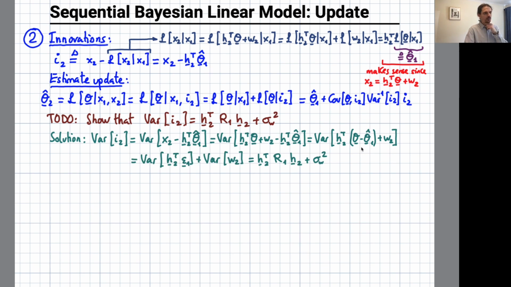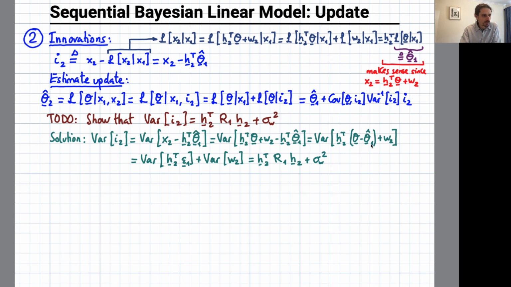The key here is to note that W2 and this vector are uncorrelated. The reason is that, on the one hand, theta and W2 are uncorrelated by assumption, and on the other, theta 1 hat is a linear function of x1, and x1 depends on theta and W1 only, but both theta and W1 are uncorrelated with W2 by hypothesis, right?